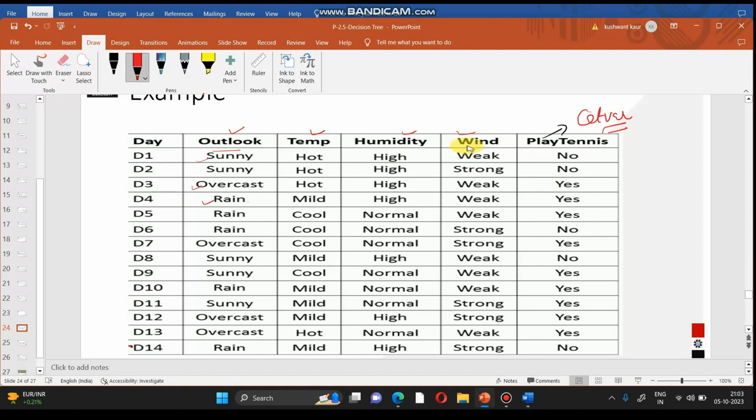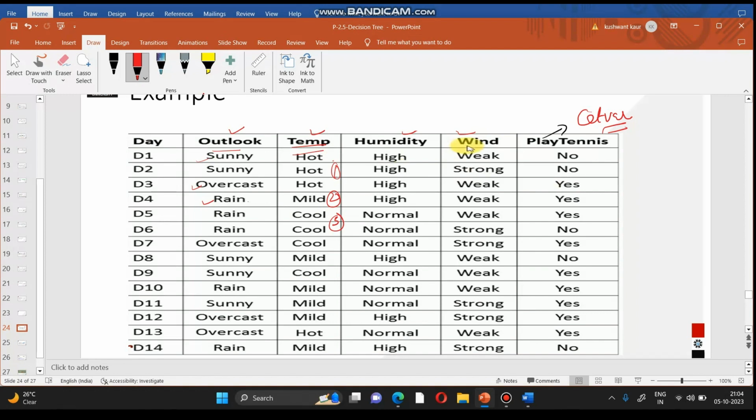Similarly, after that we will proceed with the temperature attribute, which has the values hot, mild, and cool. So 3 entropies will be calculated, and using these 3 entropies we will calculate the information gain for temperature.